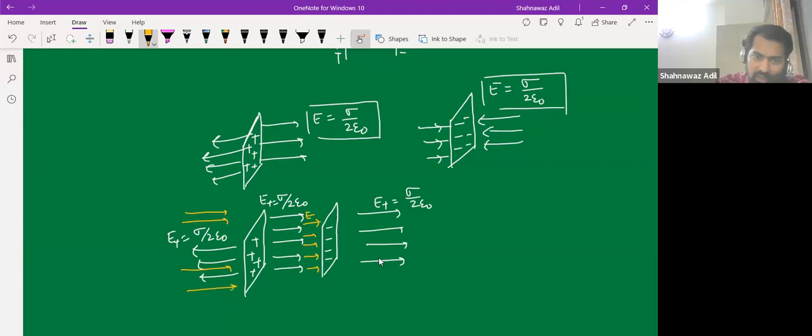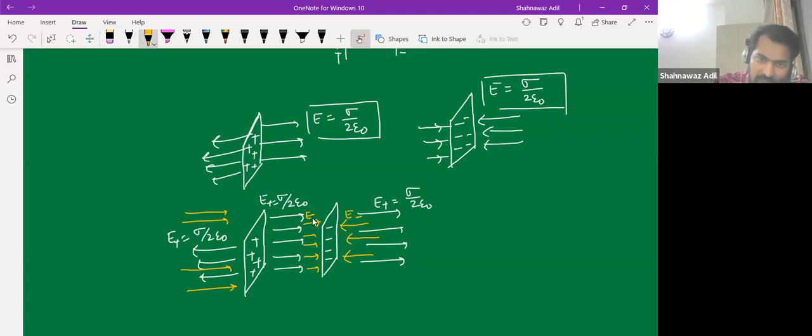Sir, I have a doubt. Yes, what is the doubt? Sir, on the negative plate, the arrows are going towards the negative plate. Shouldn't the arrows on this side also go towards the negative plate? Yeah, you're talking about this region. So this is E negative, right?